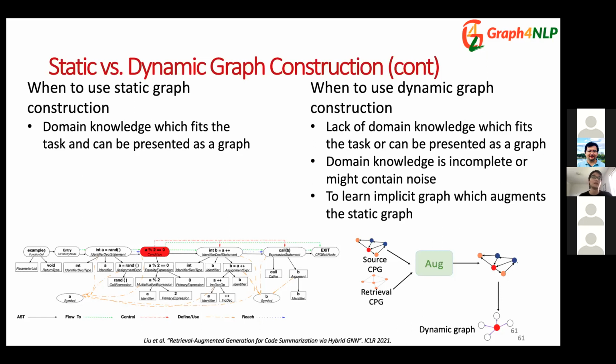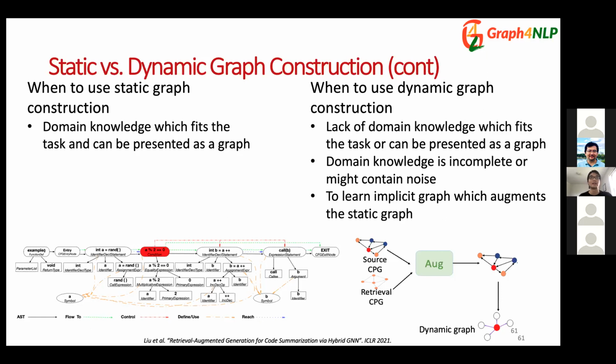And or we want to learn an implicit graph which augments the static graph constructed based on the prior knowledge we have. I think the third point is really promising because in many NLP applications, we do have some prior knowledge to utilize, and we do not want to totally discard those useful domain knowledge. But sometimes the domain knowledge might not be that perfect.